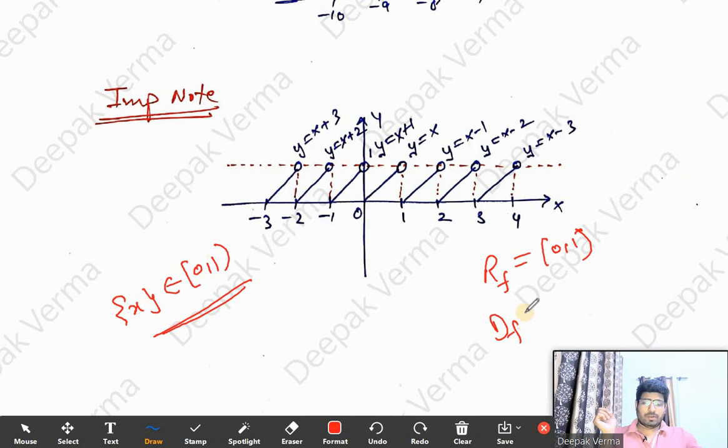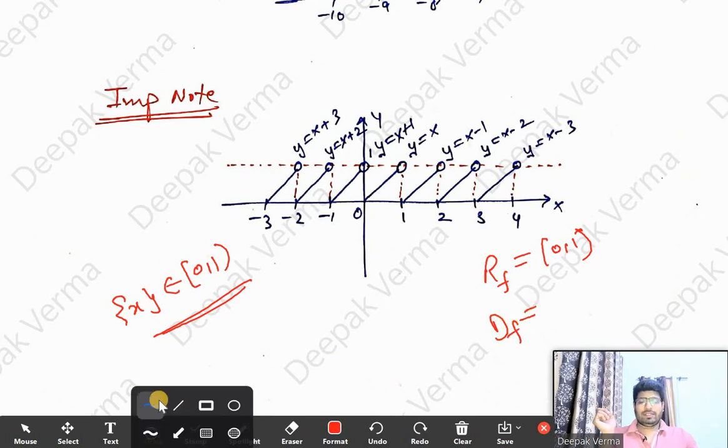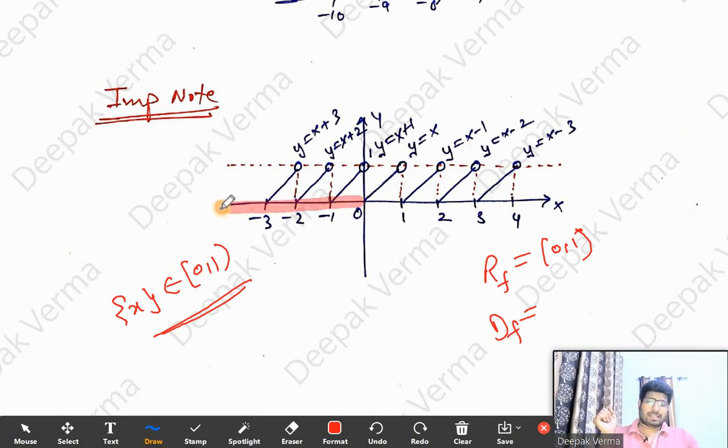The domain is that portion covered by the graph on the x-axis. The entire x-axis is covered by the graph. Therefore in this case the domain will be the real numbers. So memorize this. This is very important. This will help you in solving questions. So that's all for this lecture.